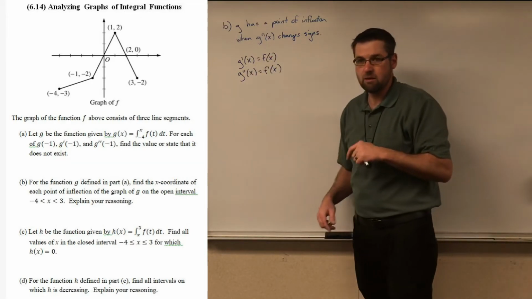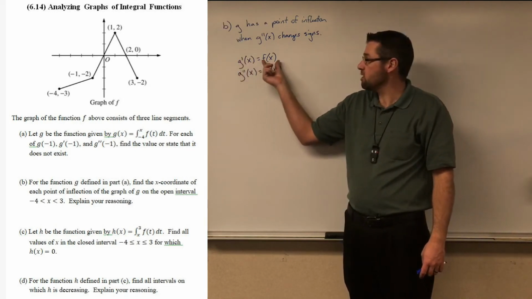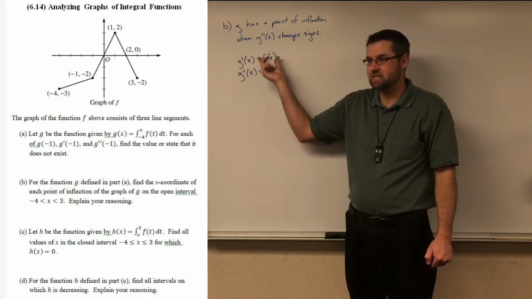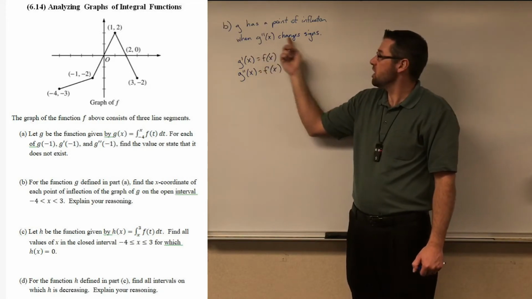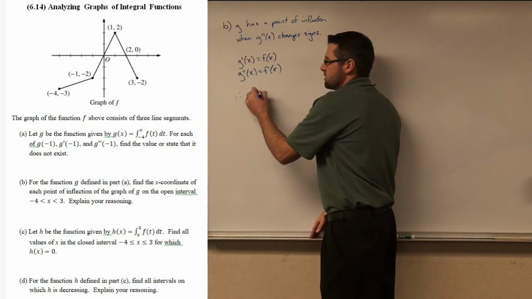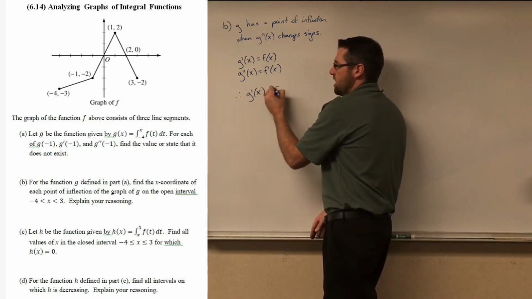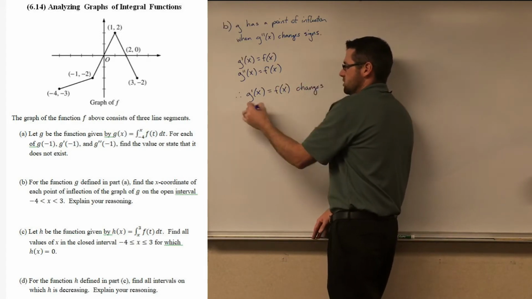We were given F, right? So F is equal to G prime. So then we should try and translate this according to the graph that was given. So since G double prime changes signs, we are looking for when G prime of x, which equals F of x, changes direction.